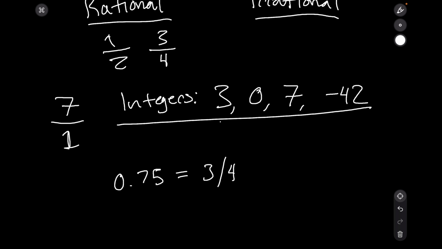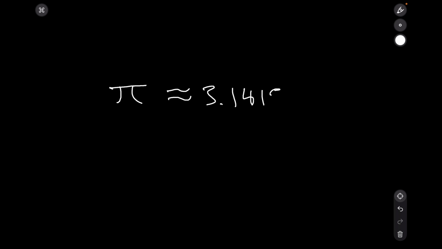Irrational numbers are different. An irrational number cannot be written as a ratio of two integers. That means you cannot express it exactly as a fraction. Its decimal goes on forever without repeating in a pattern. So here are some examples of irrational numbers. Pi. Pi is 3.14159 and so on.